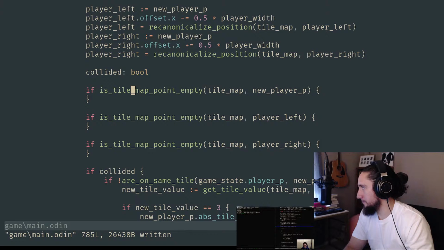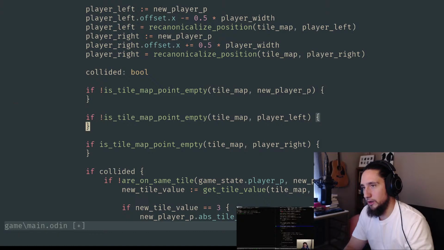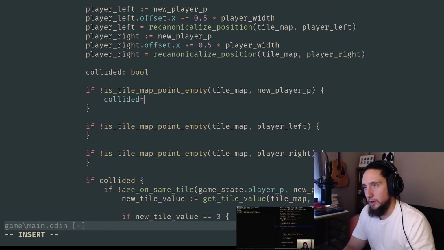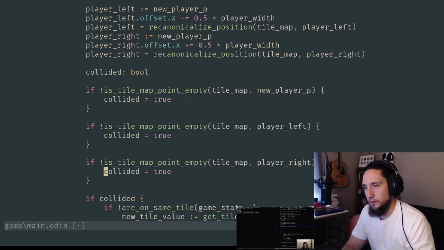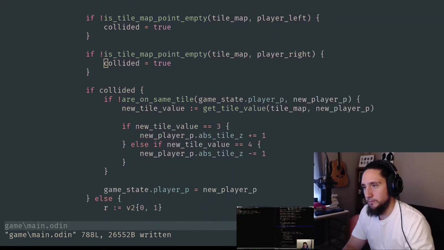And instead of checking whether it is empty, we say if not. And if it's not empty, then we have to say we're colliding with one of those walls. So player right, and player left.